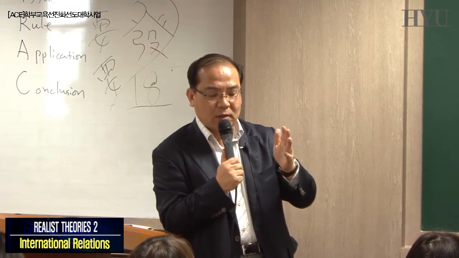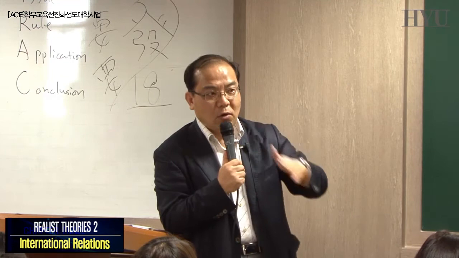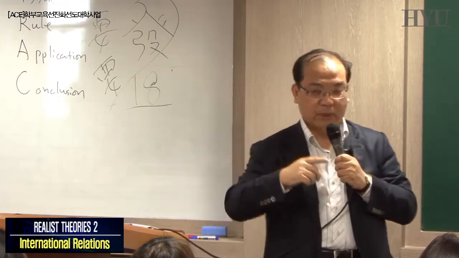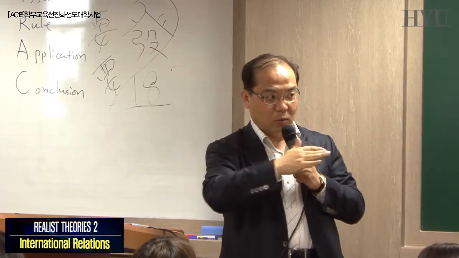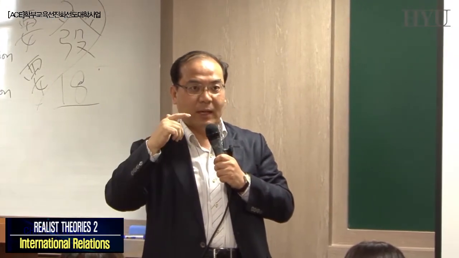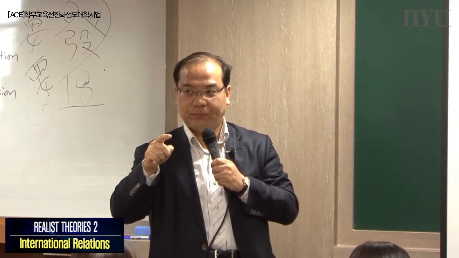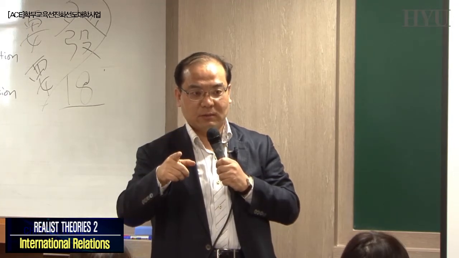Russia, Soviet Union, China, they are neighbors, right? They share long borders in the eastern side, in the Asian continent. They have conflicts over these territories, and they went to war several times over these territories.